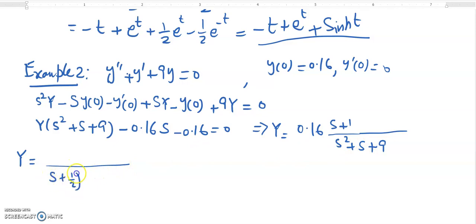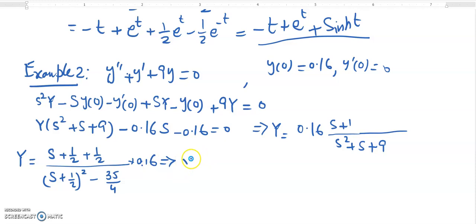So it will be s plus 1 by 2 square, plus 9 minus 1 by 4, which is 35 by 4, and on the top we can represent it as s plus 1 by 2 plus 1 by 2, and that is being multiplied by 0.16.